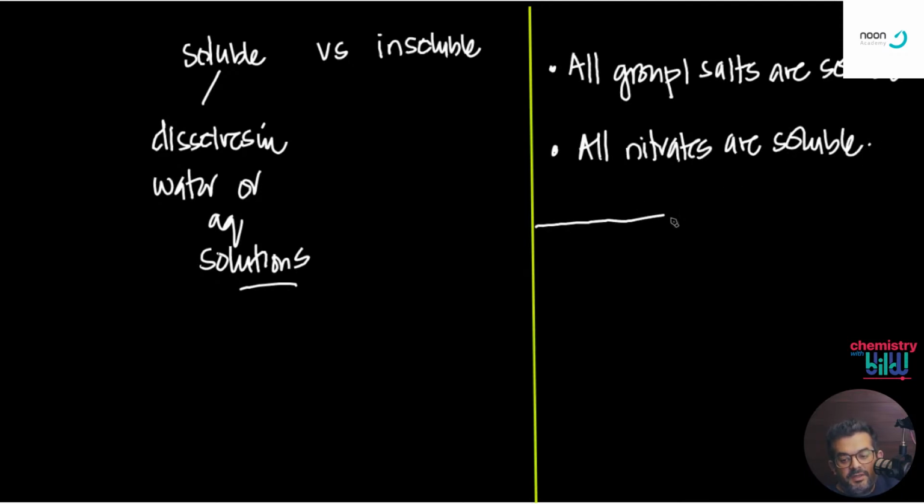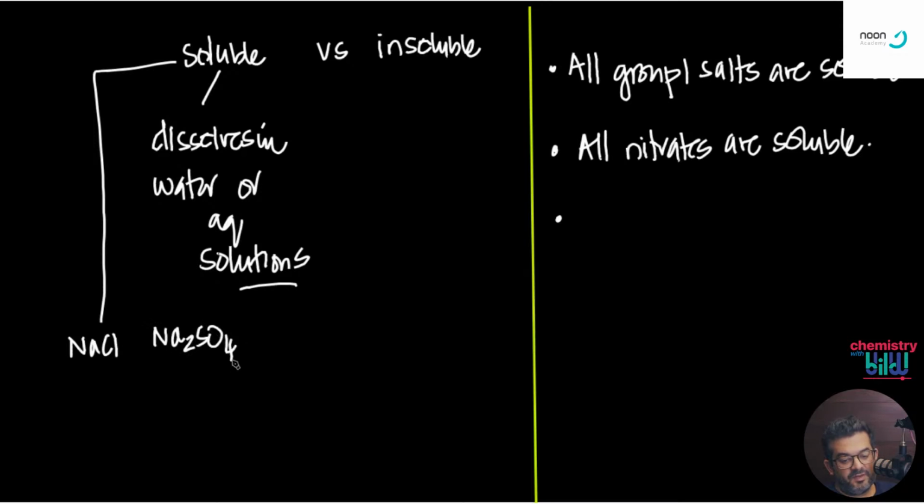These two rules you have to remember. And the third: all group 2 ones are also soluble and all nitrates are soluble. Let's do this one first. So whatever group 1 salt you have, sodium chloride, sodium sulfate, sodium bromide, soluble.